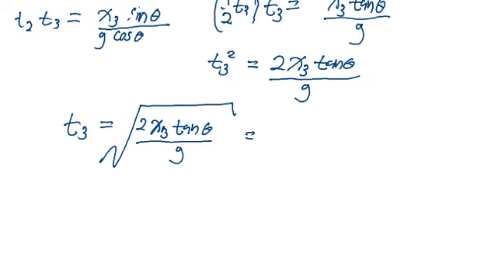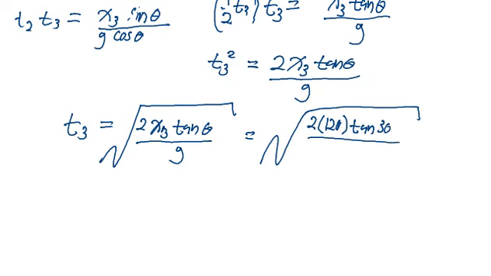Now we have all the numbers that we need from the problem. x3 was 120 feet. The angle was 30 degrees. And again, we remember that the acceleration due to gravity in the English system is 32 feet per second squared. So we'll get our calculator. 2 times 120 is 240, times the tangent of 30 gives us 138, and then divided by 32 gives us 4.33, and I take the square root of that and I get 2.08 seconds.